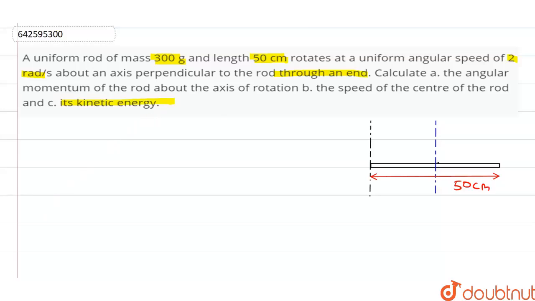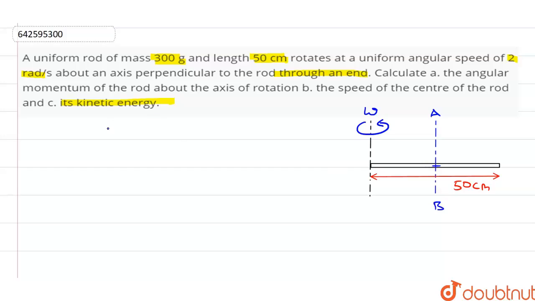So this is the figure representing our case. This is our axis of rotation, and it is rotating about this axis with an angular velocity omega, and we have drawn a line AB through the center of mass.